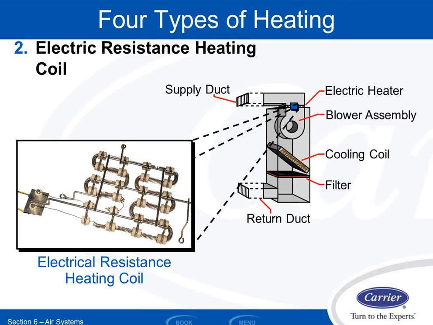Now, with that being said, if you don't have a DX-based system, DX means that I have an evaporator coil in the airstream with refrigerant running through it. If I don't have that and I have a chiller instead, where the chiller is making cold water and I'm bringing water to a coil inside my unit, that water could certainly freeze based on the outside air temperature.